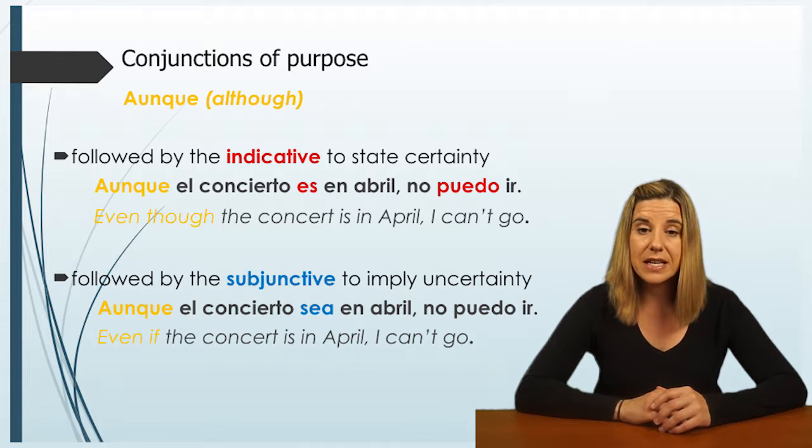Even though the concert is in April, I can't go. We follow aunque by the subjunctive when it's uncertain. Aunque el concierto sea en abril, no puedo ir. Even if the concert is in April, I can't go.